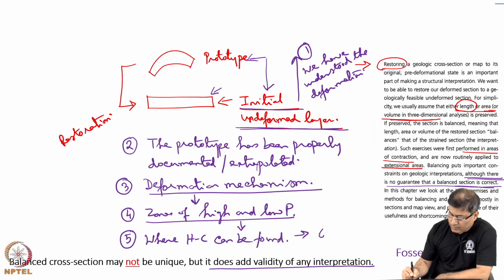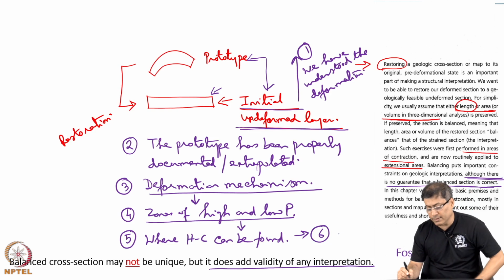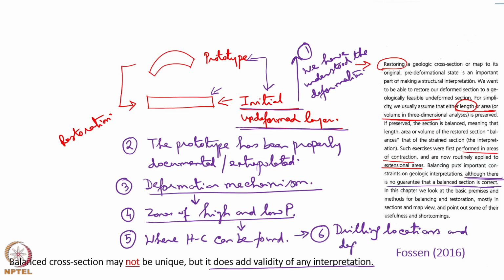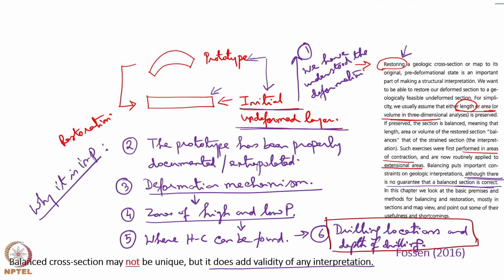So, the grand conclusion can be, it can give us a good idea about the drilling location and the depth of drilling. So, in a simple way I have defined restoration, the term cross section balancing, why it is performed or why it is important, and what can be the take home information from the cross section balancing exercises.